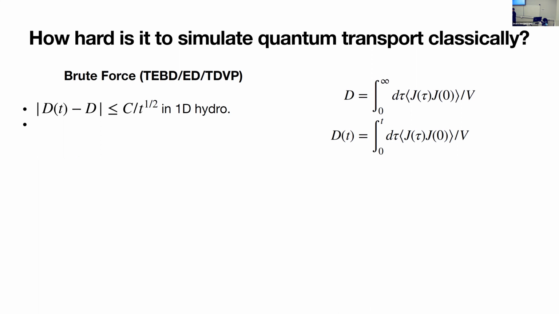The order one constant is just some order one combination of the scales that appear in the Hamiltonian, like the couplings that occur in the Hamiltonian. Incidentally, you can obtain this formula by just truncating the Kubo formula at finite time. That's what I mean by D of t, for those of you who have seen the Kubo formula before.